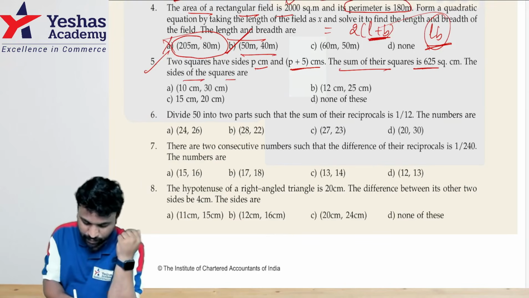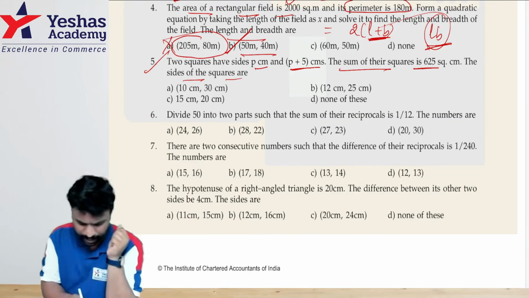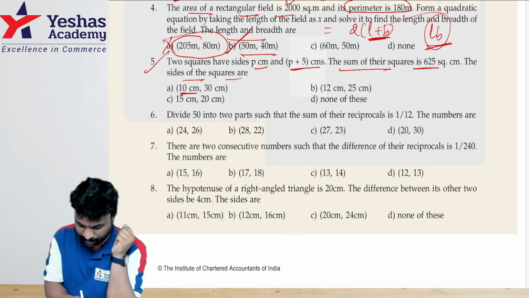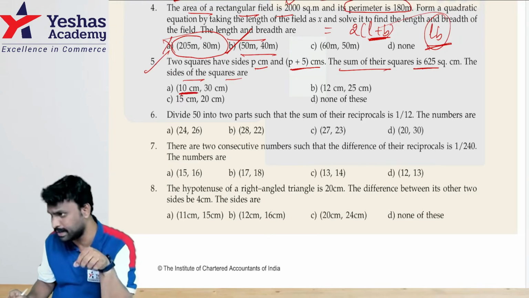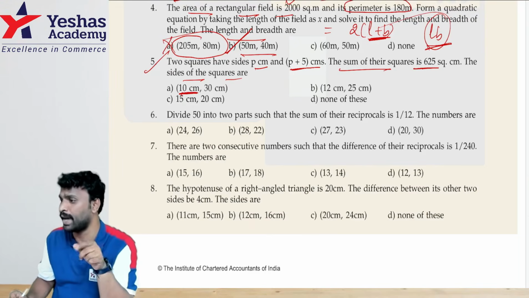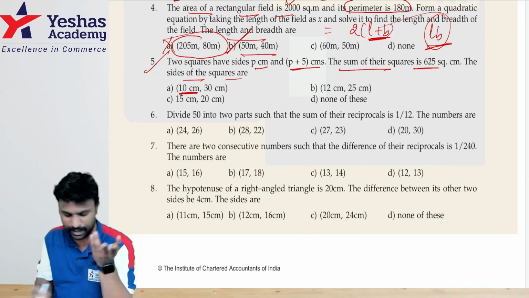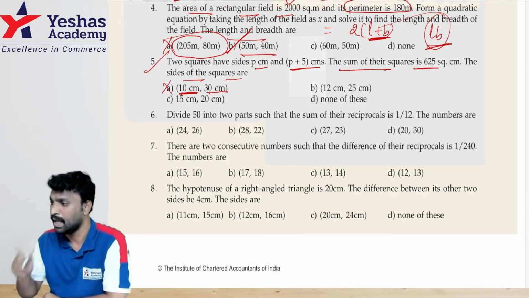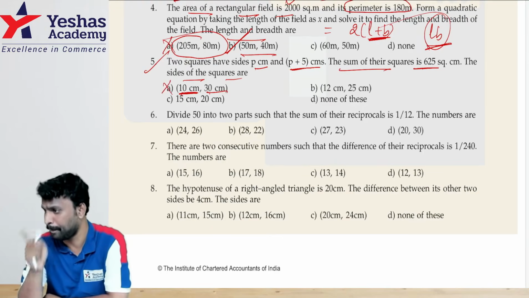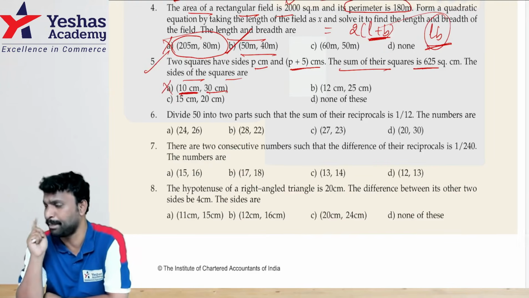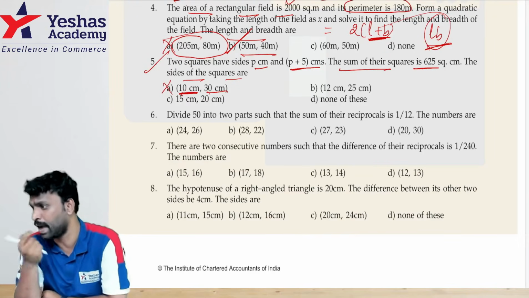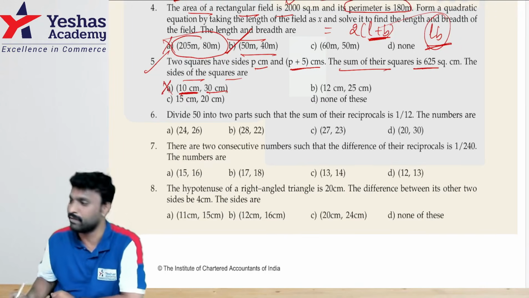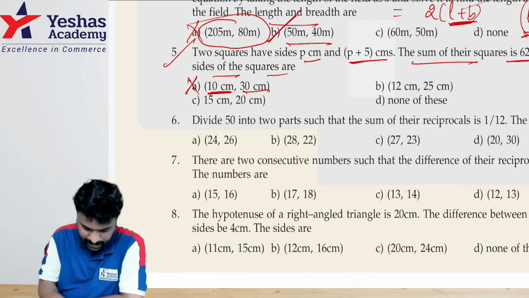The sides of the squares are, see guys, if I hit the first option, if the side of one square is 10 centimeters, the side of the other square should be 15 centimeters. They have given 30 centimeters. So this doesn't satisfy, because if the side of one square is P, the side of the other should be P plus 5, which is 5 centimeters more than the first one. So option A fails.